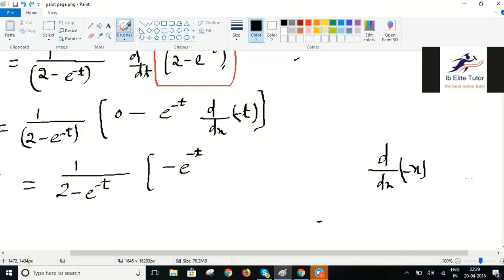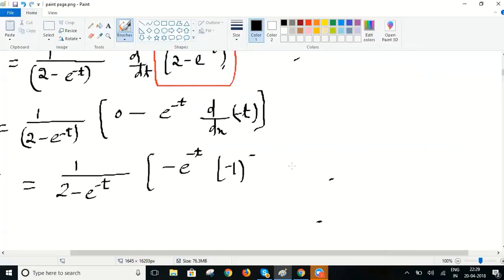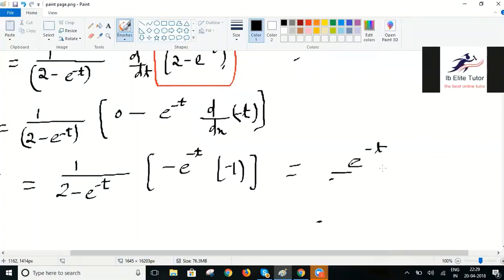Minus 1. So if you find the differentiation of minus t with respect to t, it should be equal to minus 1. So your final answer will be e raised to minus t divided by 2 minus e raised to minus t. Clear or not?